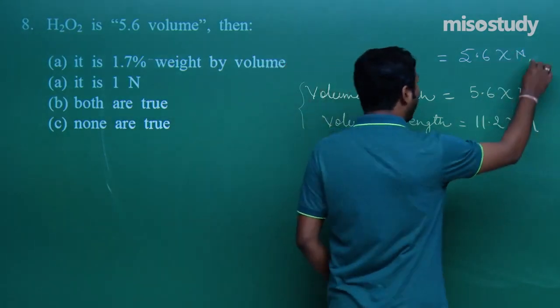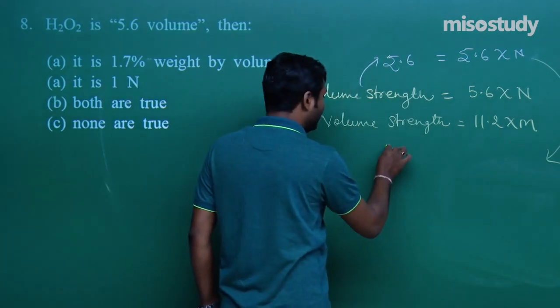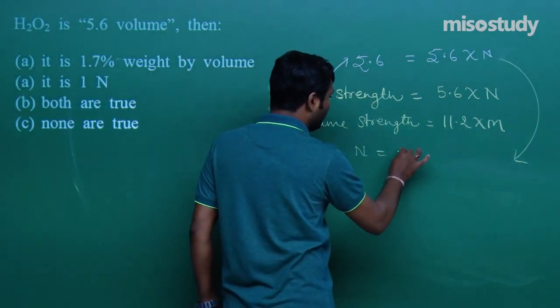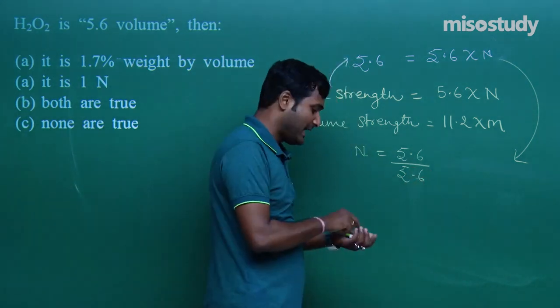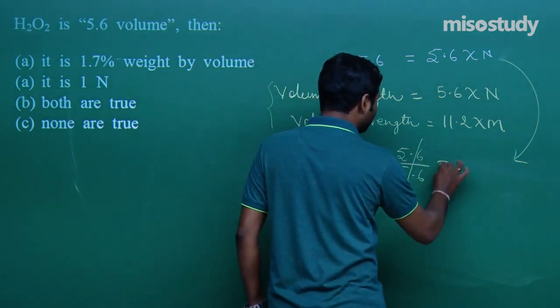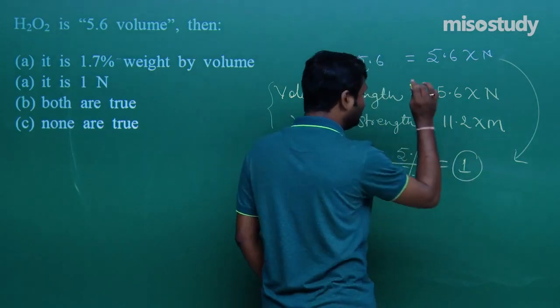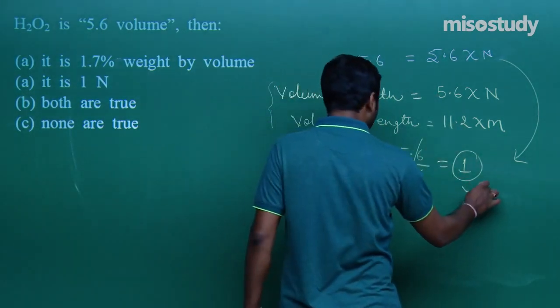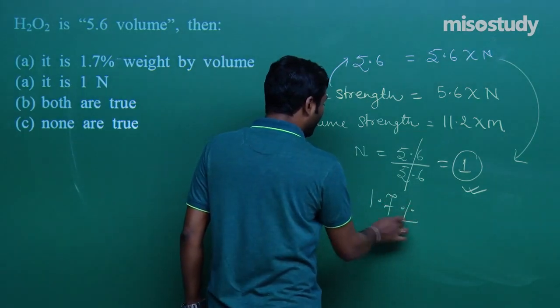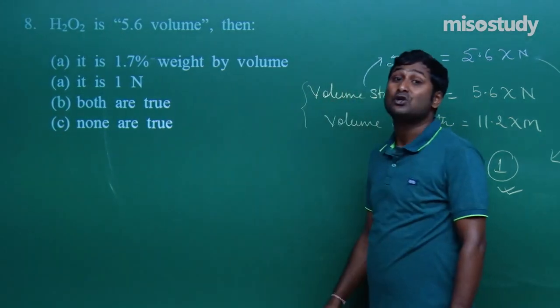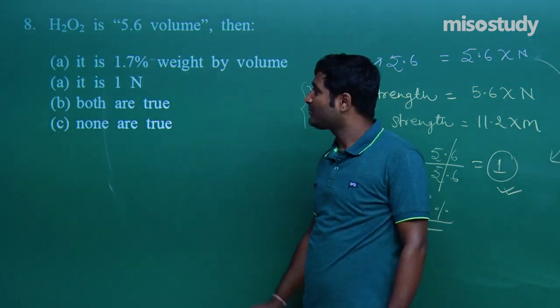So what will happen? Normality is equal to 5.6 divided by 5.6, and this will cancel. What will happen? 1. If it is 1 normal, then remember the percentage, 1.7%. So which is the correct option?